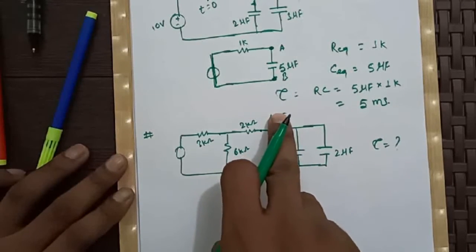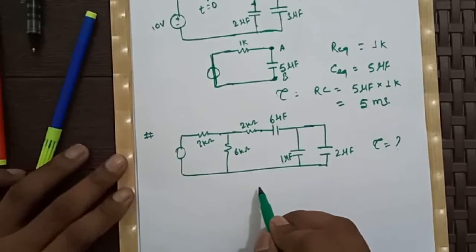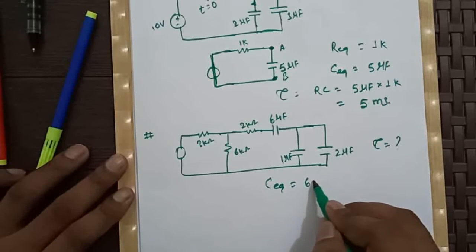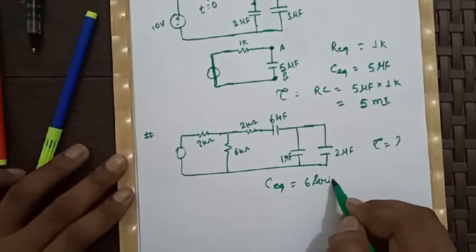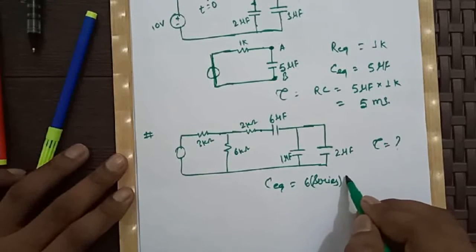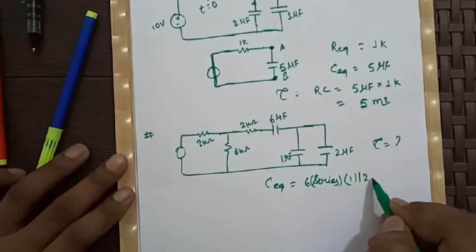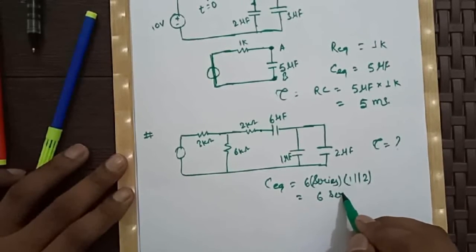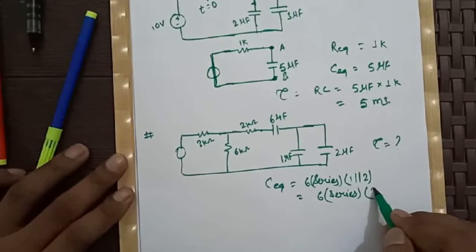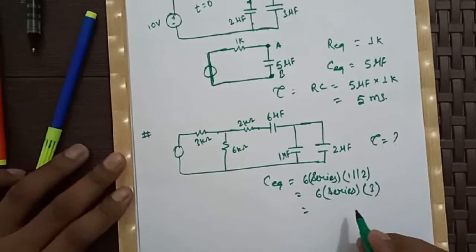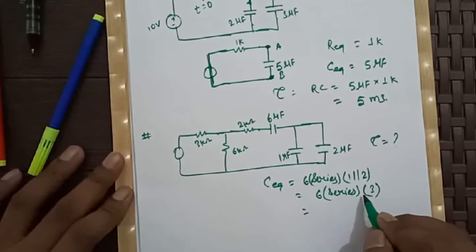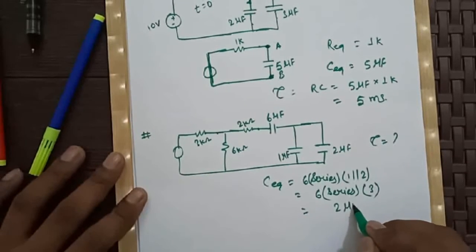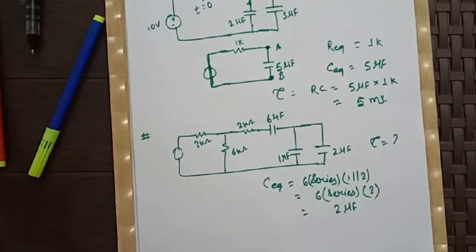So C equivalent will be 6 in series with 1 parallel to 2, which is 6 in series with 3. 6 microfarad in series with the 3 microfarad capacitor will give a 2 microfarad capacitor.